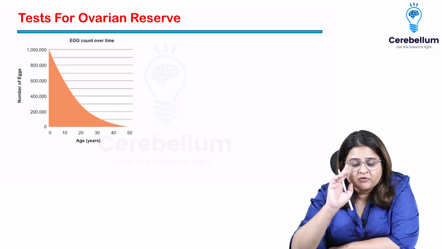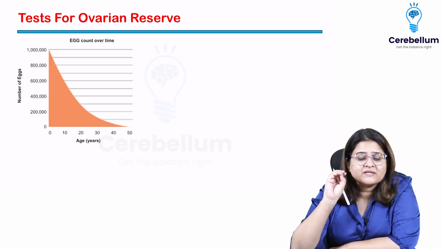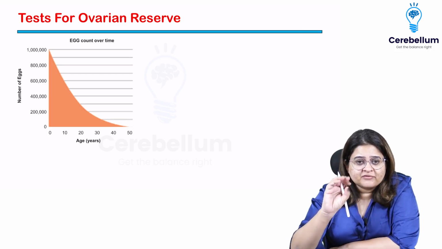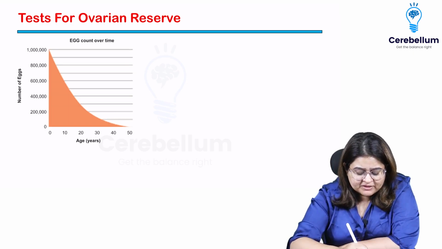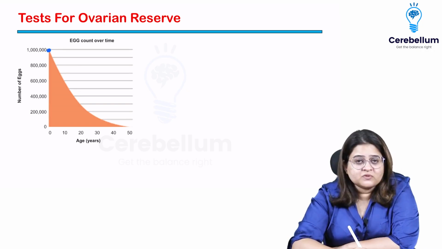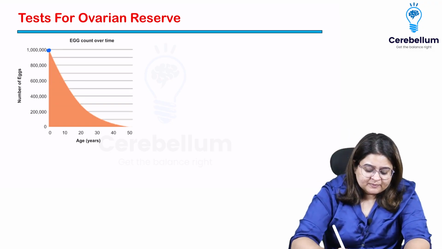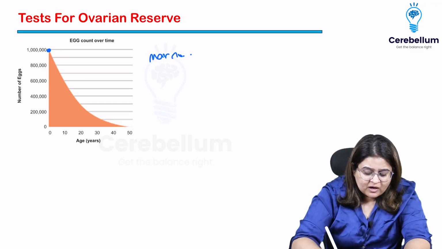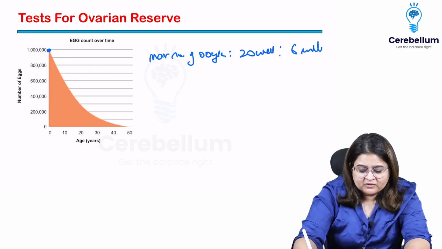But remember, for the ovary, we had tests of ovulation, but there are also tests for ovarian reserve. As a woman ages, the number of oocytes in her body keeps coming down. When a girl is born, she has 1 million oocytes. The maximum number of oocytes, however, is much earlier than birth: at 20 weeks of fetal life, she has 6 million oocytes.